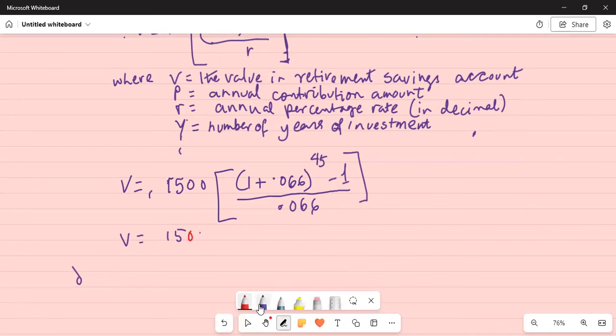Let me erase this and start off with a new answer. So value is equal to 1500 multiplied by 1.066 exponented to 45 minus 1, or let me write it in a simple way so that people can follow it.